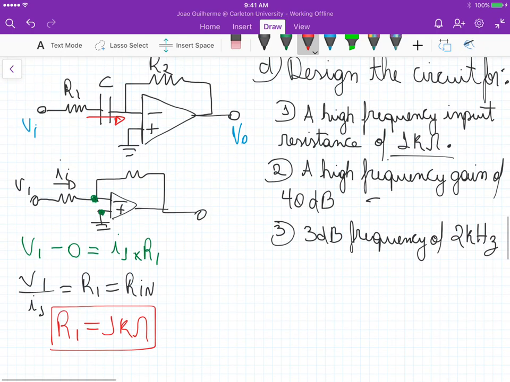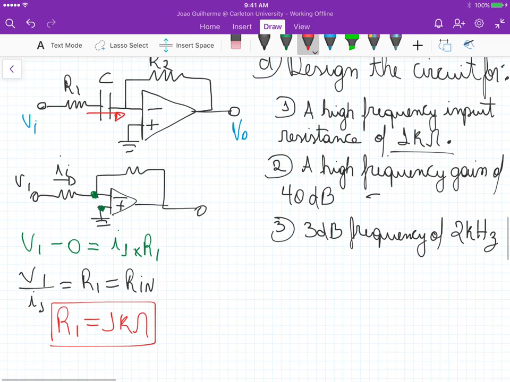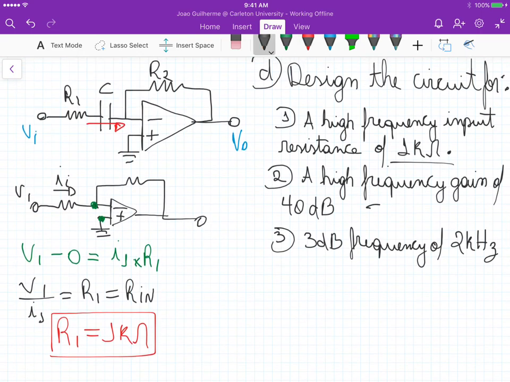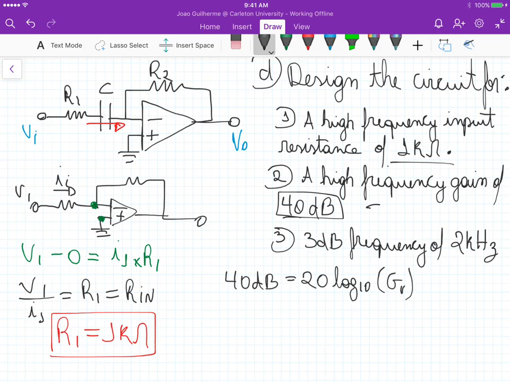Okay. Now, for a high frequency gain of 40 dB, if we convert this dB to an actual volt per volt gain, we get that 40 dB equals 20 log 10 of the voltage gain that we want. So the gain that we want equals 10 to the 40 divided by 20, which is 10 to the 2, which is 100 volt per volt.